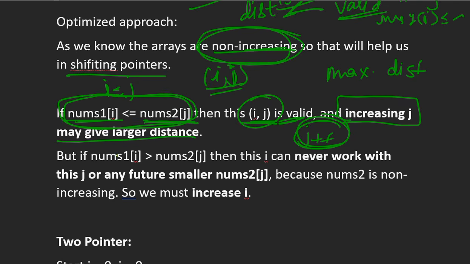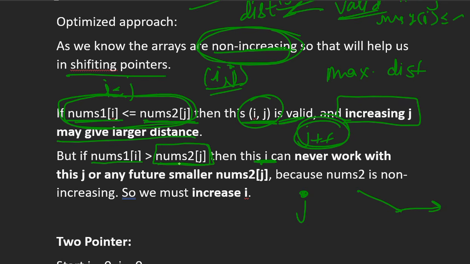What can be the other case? The other case is nums1 of i is greater than nums2 of j. That means the second condition of a valid pair is not satisfied. In this case, the particular index i can never work, because even if we shift j, we get a smaller element than nums2 of j, since the array is either decreasing or constant.